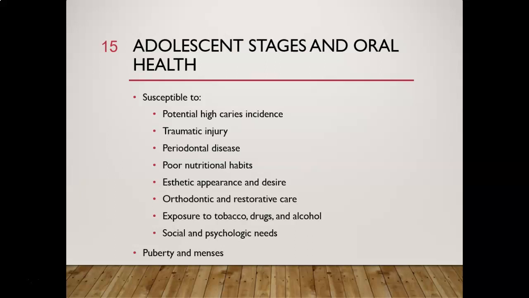Basically, sort of like with a woman who's pregnant, hormones sometimes just exacerbate the effects of the bacteria. So if they are having a puberty or hormonal effect, just increasing their oral hygiene and being really, really meticulous can make all the difference. So that's important for us to talk to our young patients about.